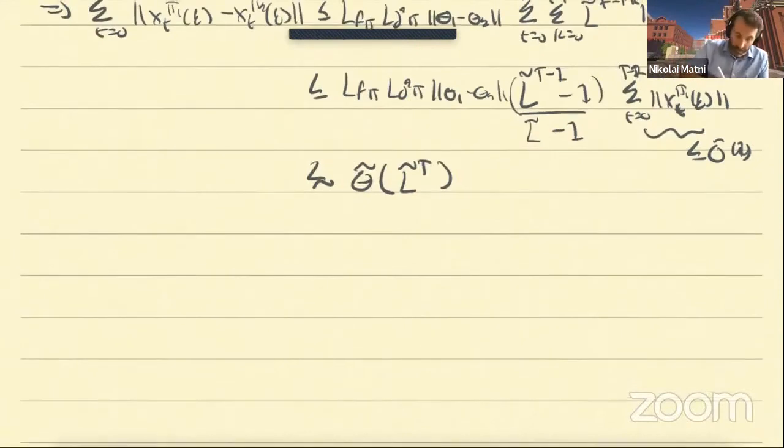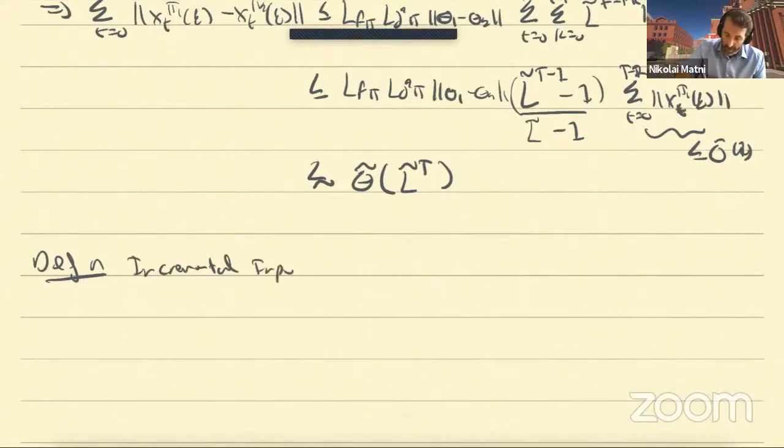A classic way of doing this is the notion of incremental input to state stability. This is known as delta ISS as a shorthand, right?